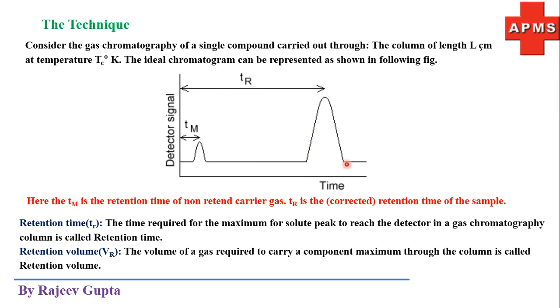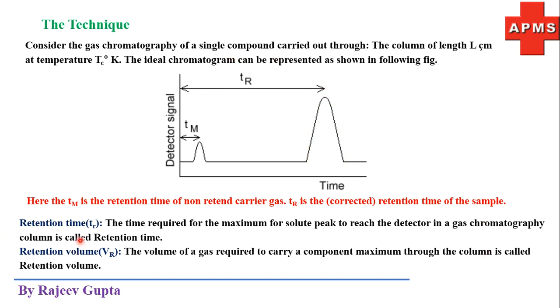This TR is R for retention, T for time, the retention time of this single compound. It eluted last, so it has more retention time. So this is the peak of this single compound.